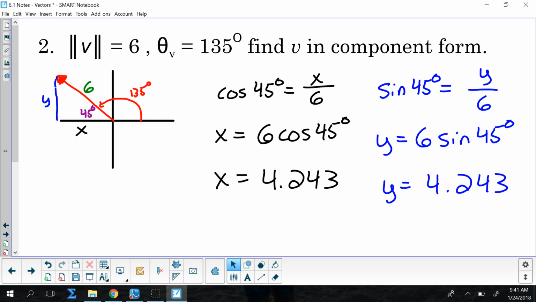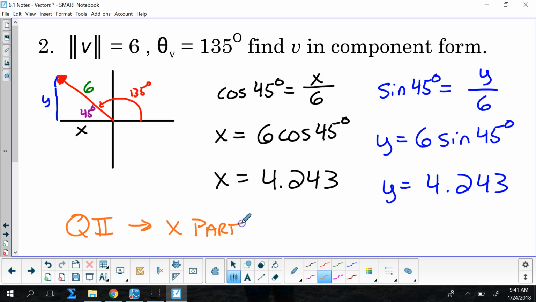But is that my vector? Why not? The x one has to be negative because we're in quadrant 2. So because we're in quadrant 2, the x part must be negative.